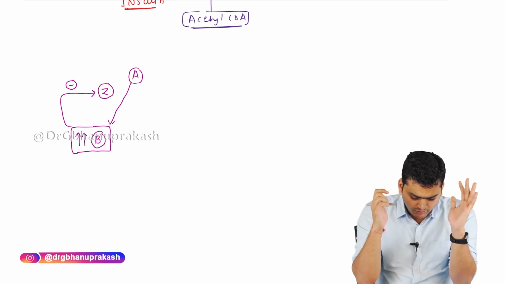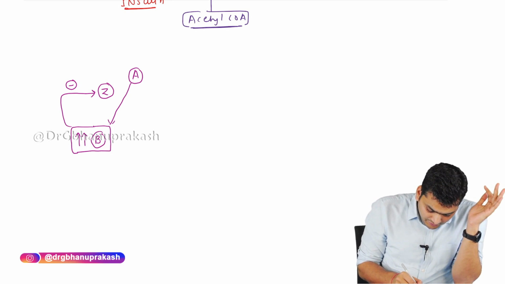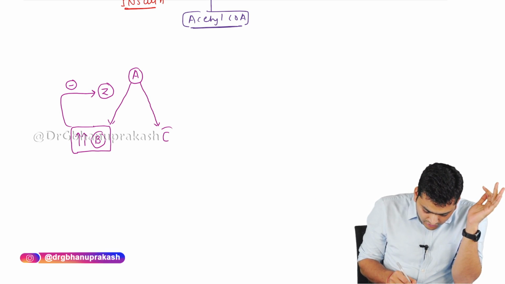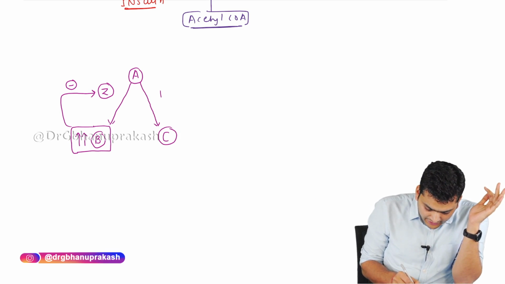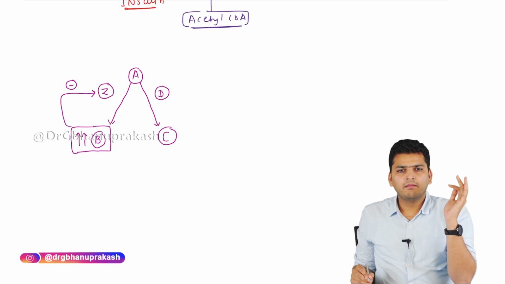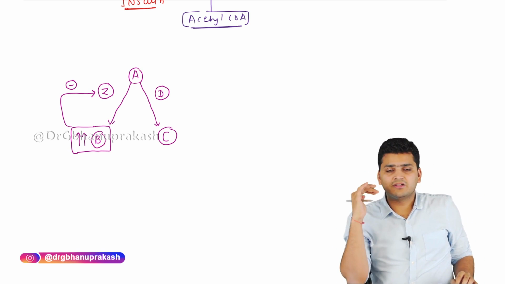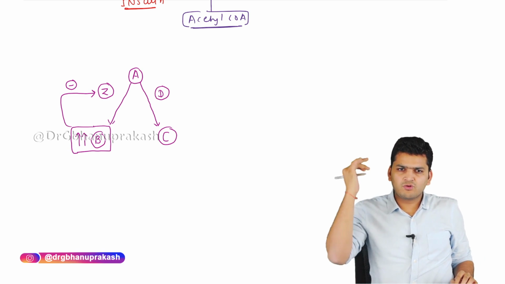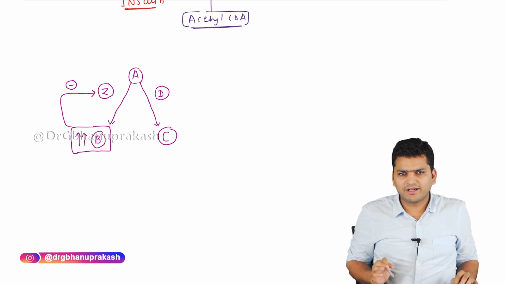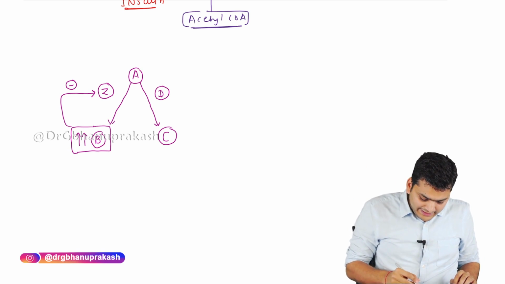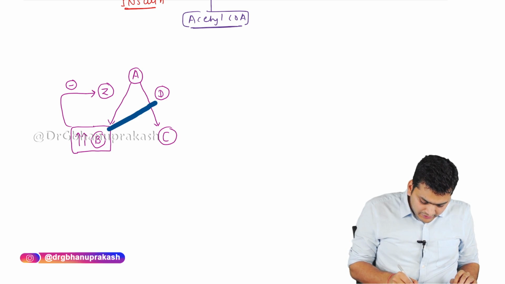Now, let's say that this A can also convert into a molecule with the name C, and for that the enzyme is D. So what will the increased concentration of B do? It is going to inhibit its own enzyme. That is very straightforward, but what else it can do is stimulate the D enzyme.